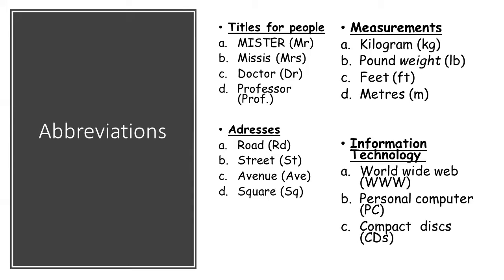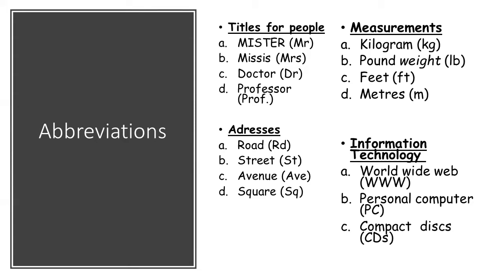Then addresses: road, RD. We are writing the address: Main Road, Main RD. Street, street number 1, ST number 1. Avenue, AVE. Square, SQ. Measurements: kilogram, kg. Weight in pounds, LB.